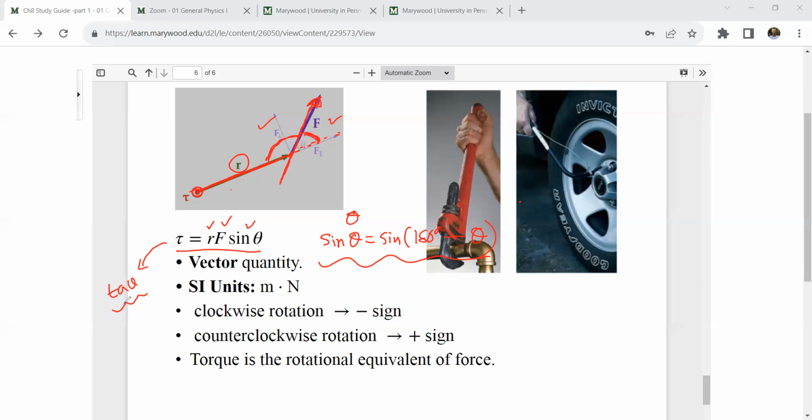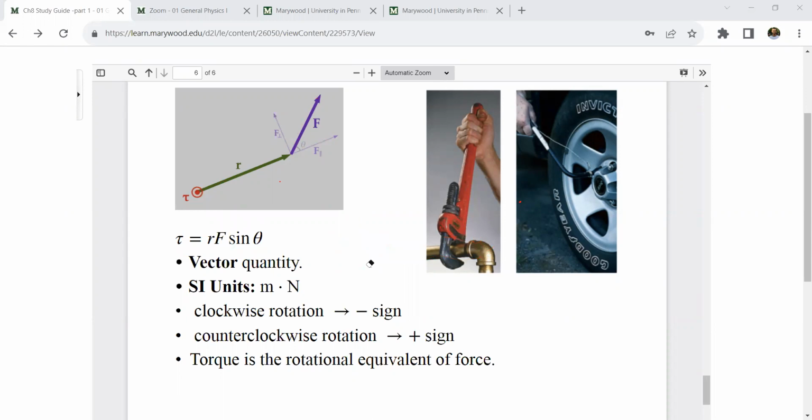Once you have this information, a few more things you need to understand: it's a vector quantity.